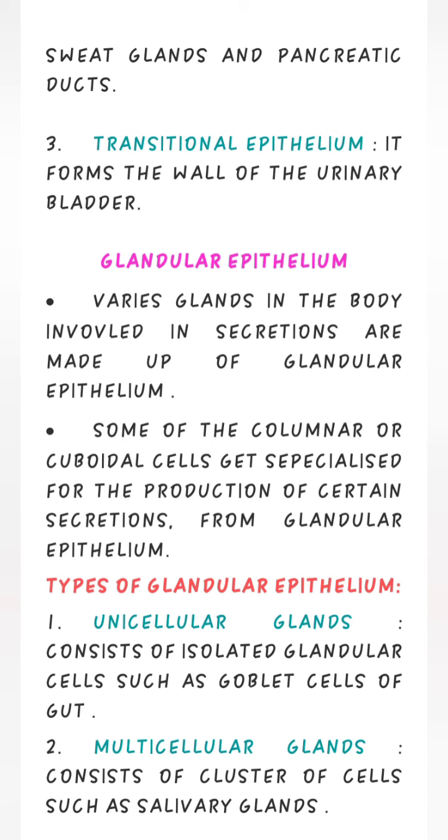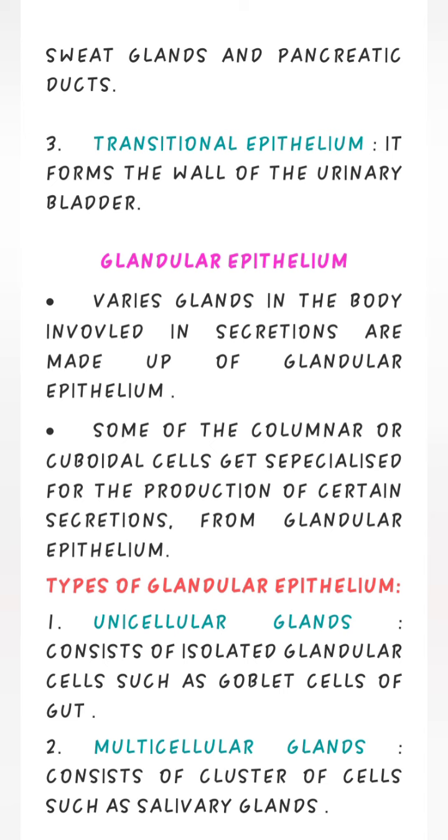Now coming to another type of epithelium, that is glandular epithelium. Various glands in the body involved in secretions are made up of glandular epithelium. Some of the columnar or cuboidal cells get specialized for the production of certain secretions from glandular epithelium.